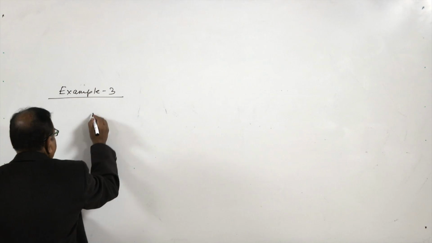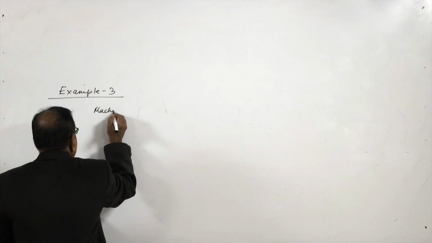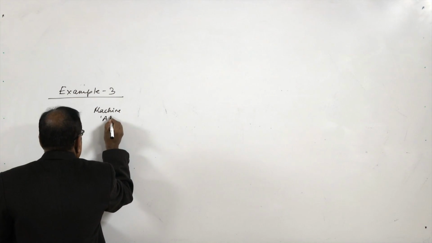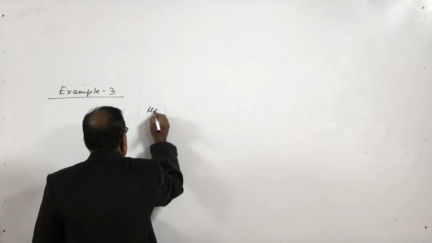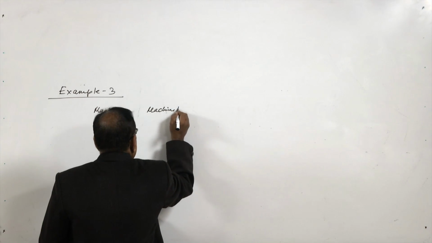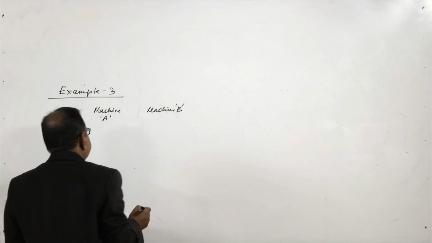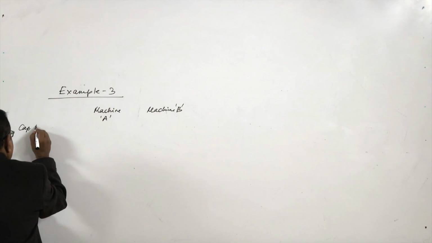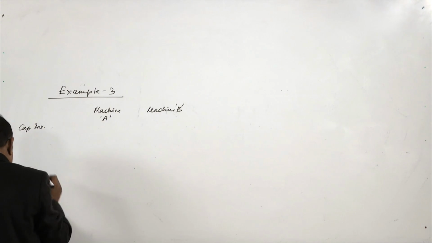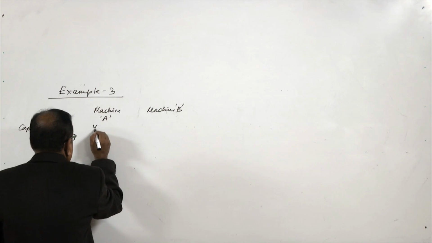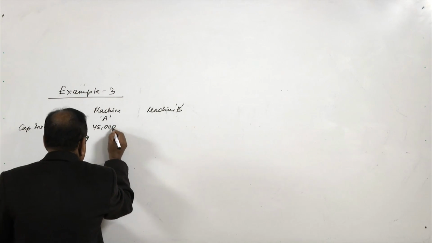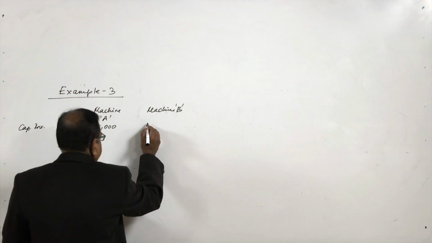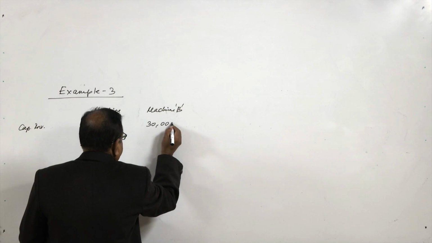Now, we have machine A and machine B. Capital investment is 45,000 and 30,000.